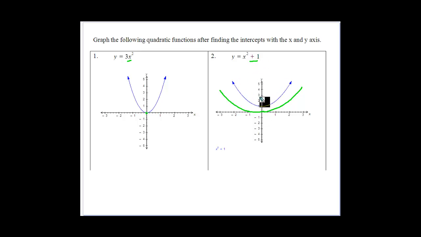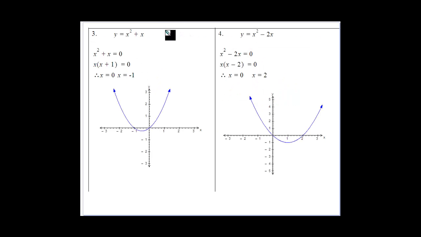So if we solve that, we get no factors, so you can't find an x-intercept, and if you tried to do that, that's good, and you would see there's no x-intercepts, and that's what it means. It comes down and turns and does not go through the axis. So basically, if you can graph x squared, you can graph x squared plus 1 because it shifts up.